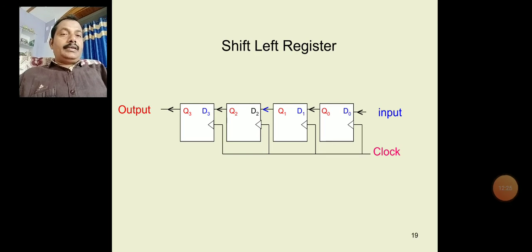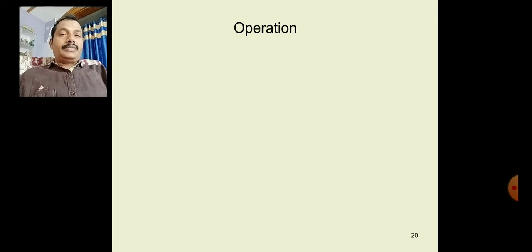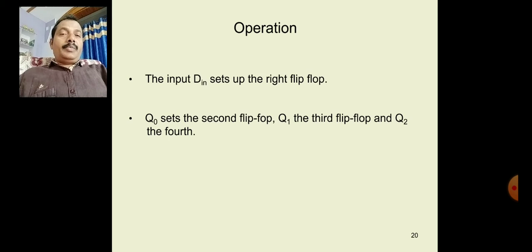Let us discuss the left shift register in detail. Already we have briefed this. The first flip-flop, the 0th flip-flop, takes the main input, and the last flip-flop produces the output serially. The clock is applied simultaneously to all the flip-flops. So let us see the operation.